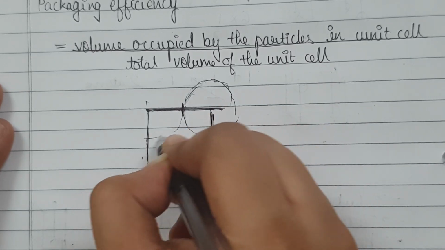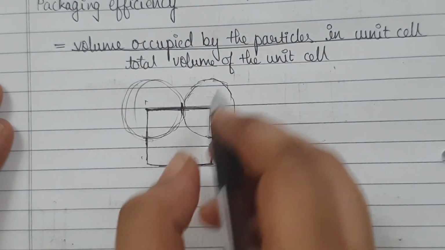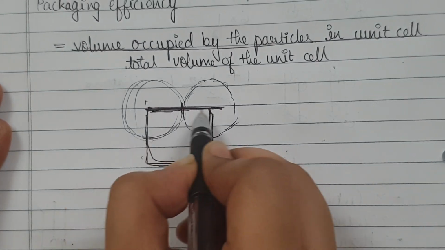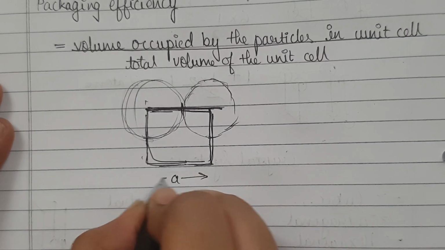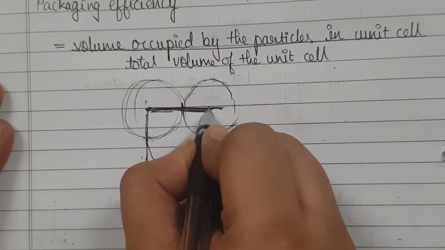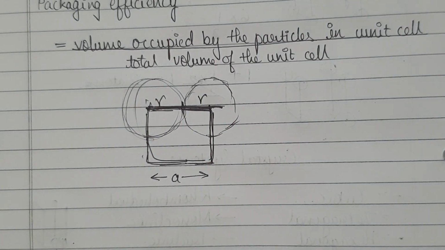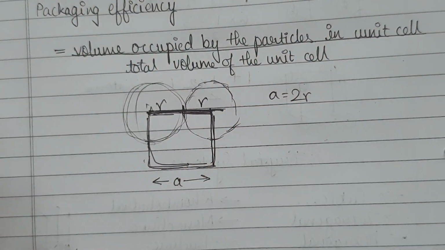And the other atom will take up this much space. What you see here is that the edge of your cube is the same as 2 radii, correct? Let the edge of your cube be A, and let this radius be R and let this radius be R. Since both the atoms are of the same element, the radii of the two atoms will be the same. That means A is equal to 2R, correct?